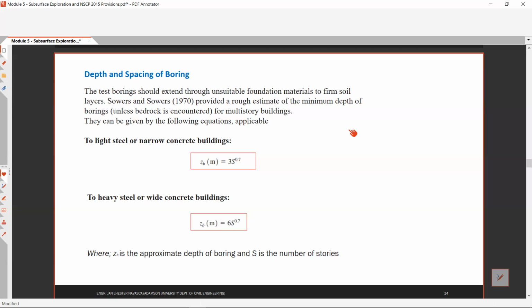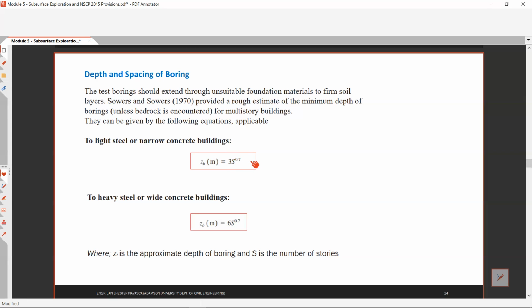This depth of boring, so you need to para kang maglalagay ng additional soil sample. So mas hahabaan mo pa yung soil sample mo sa significant depth of your soil. Okay. So dapat the depth of the boring is always greater than or equal to the significant depth. According to the formula given by Sowers, for light steel or narrow concrete buildings, they are using this equation: C sub B, or the approximate depth of the boring, is equal to 3 times the number of stories raised to 0.7.